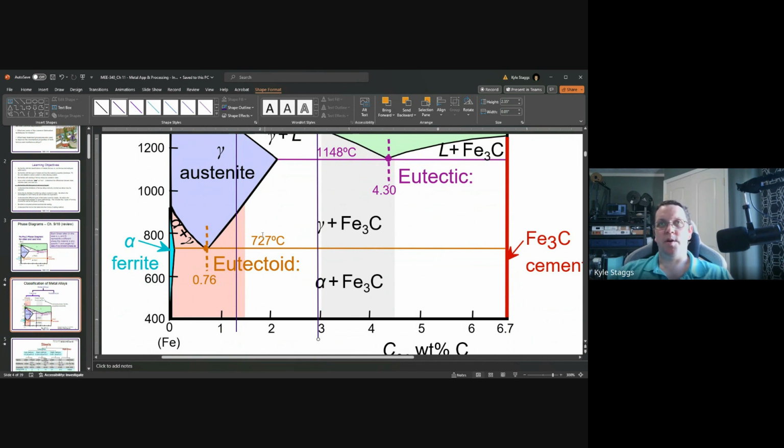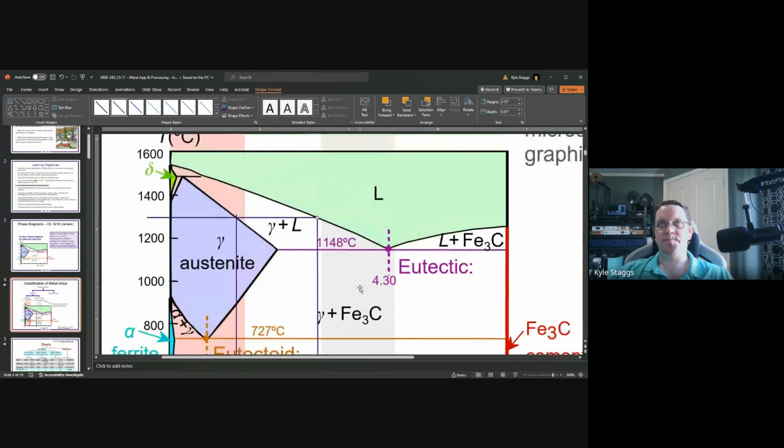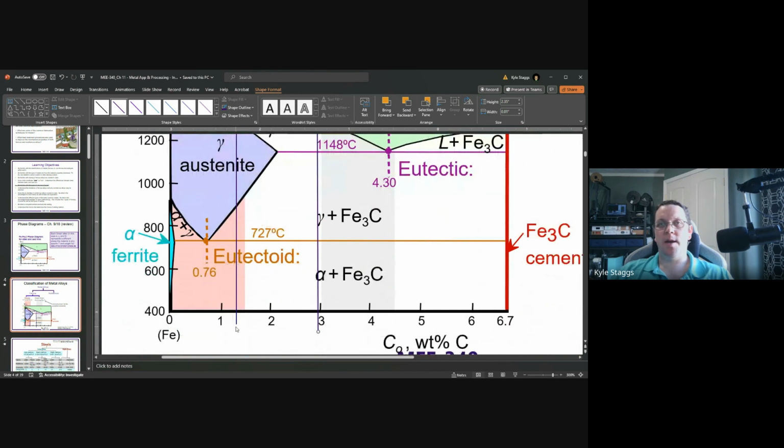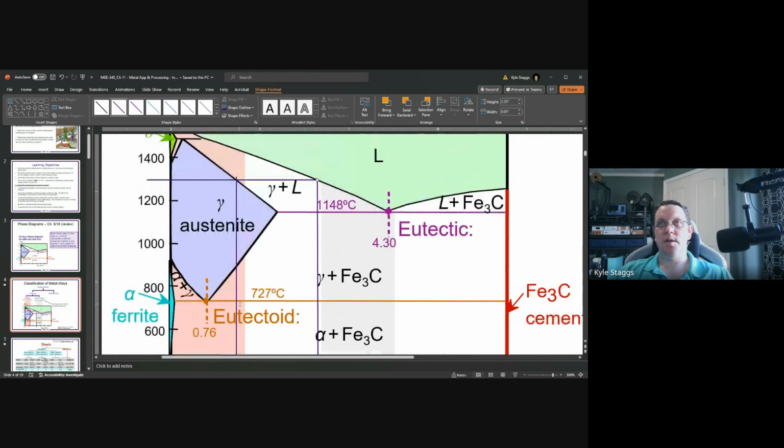Above this, you start getting some different phases. But this is the important thing to understand about how to read off of these phase diagrams. So now I have down here my effective concentrations.